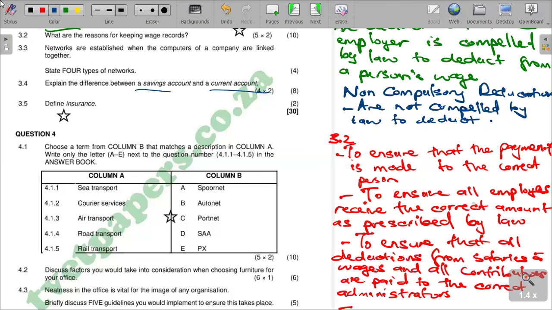The account can be linked to other accounts, and money can be transferred between this account and other accounts. Through the ATM, money can be deposited or withdrawn 24 hours a day, and a statement can be obtained as often as required.